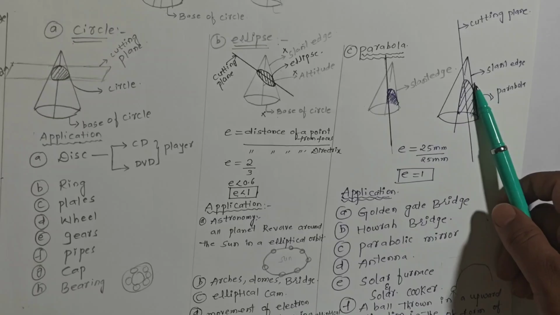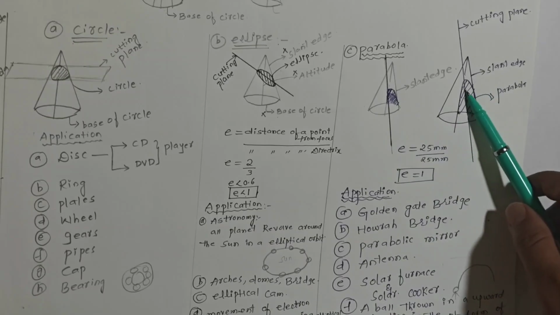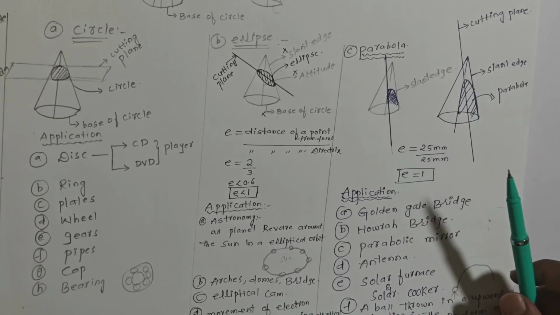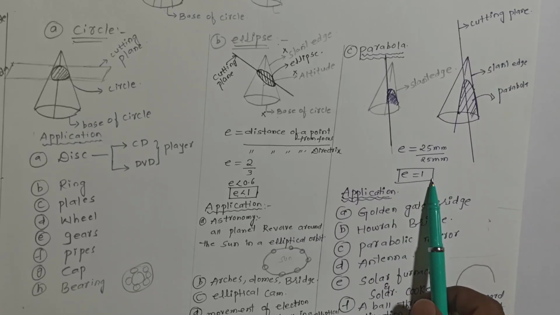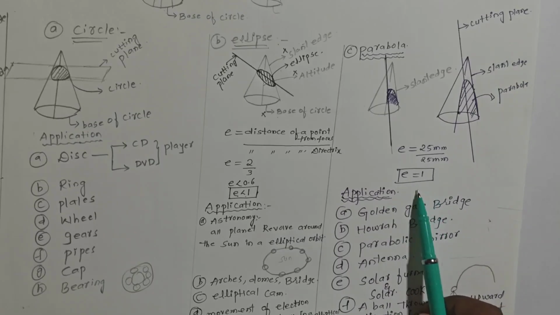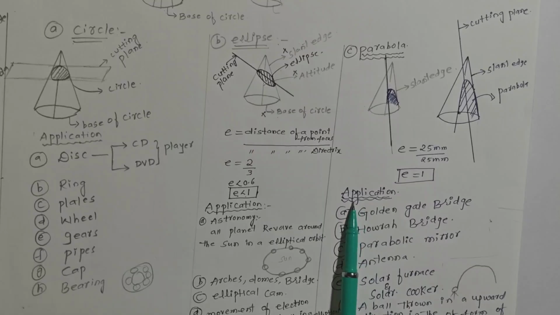What will appear on the surface of the cone? A parabola will appear on the surface of the cone. The eccentricity of a parabola is equal to 1. Clear?